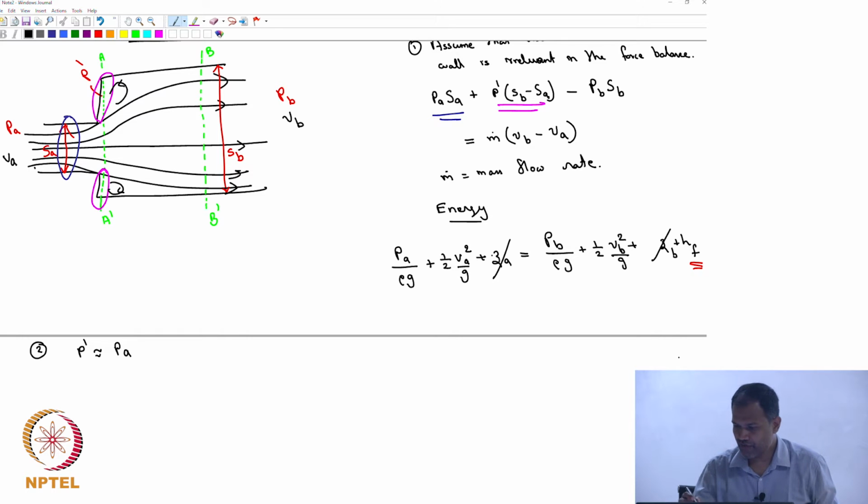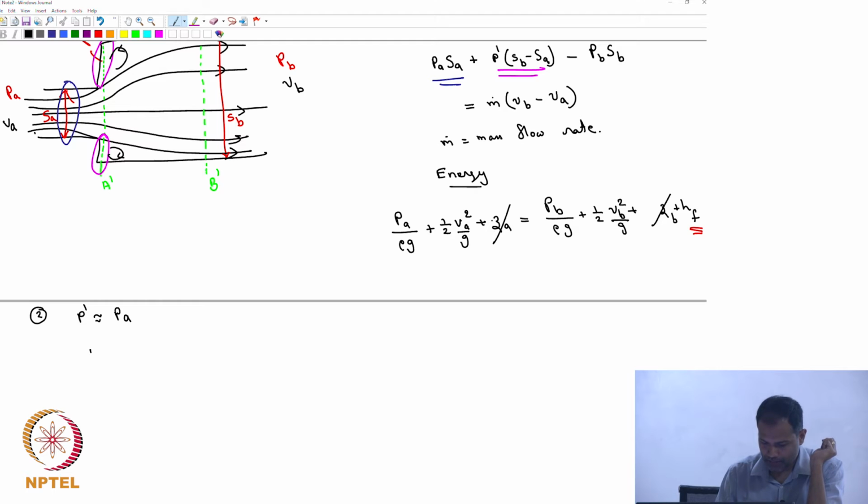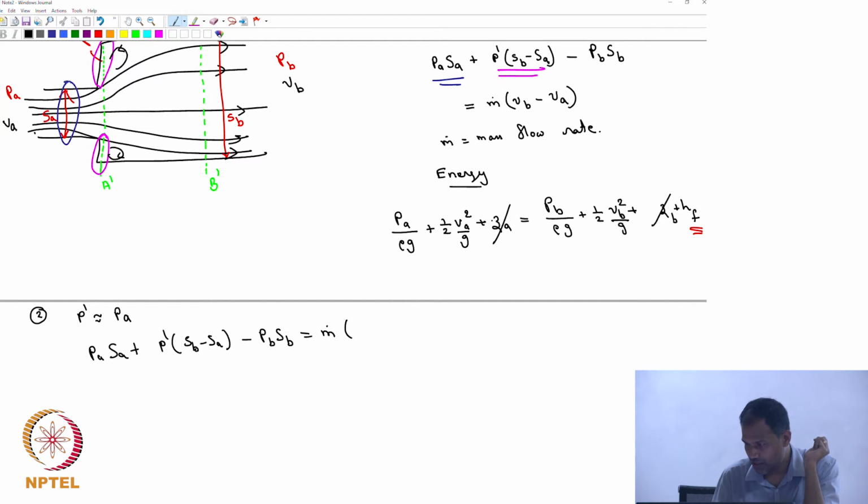So therefore, I can simplify our pressure balance. PA SA plus P prime into SB minus SA minus PB SB is equal to m dot into VB minus VA.